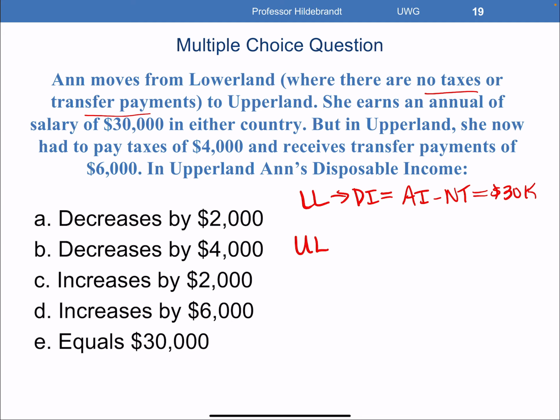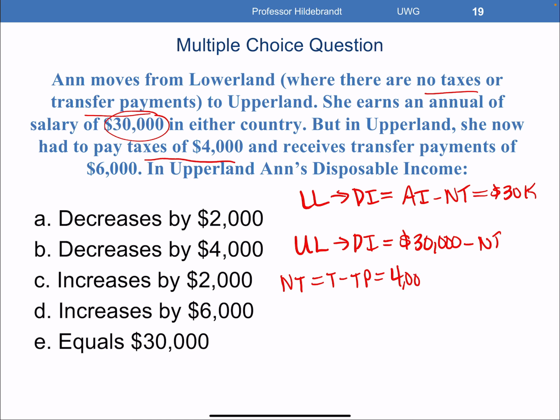So in upper land, her disposable income, okay, well, her total income is still $30,000, minus her net taxes. So let's just calculate those separately. So net taxes is taxes minus transfer payments. Well, we're told she pays taxes of $4,000, but then she receives transfer payments of $6,000. So her net taxes are minus $2,000.